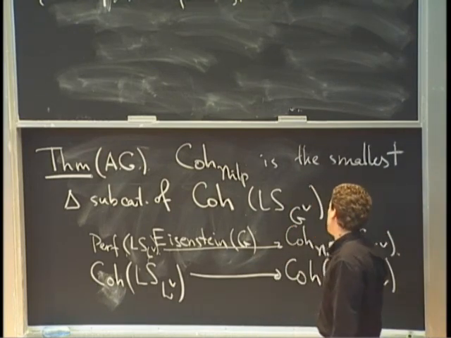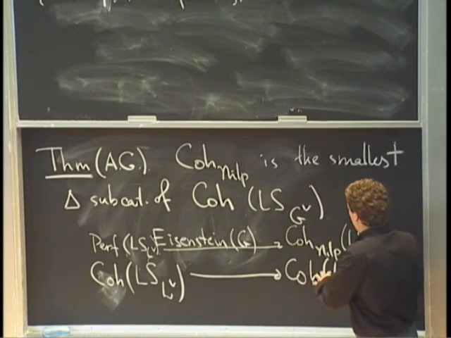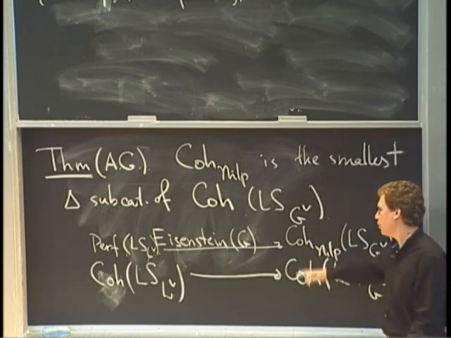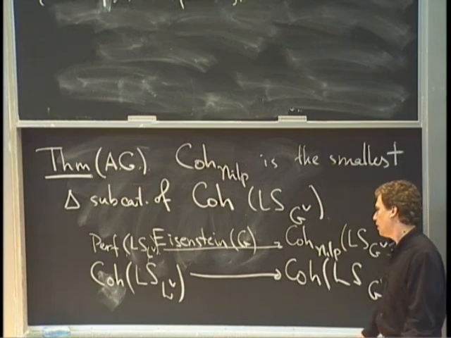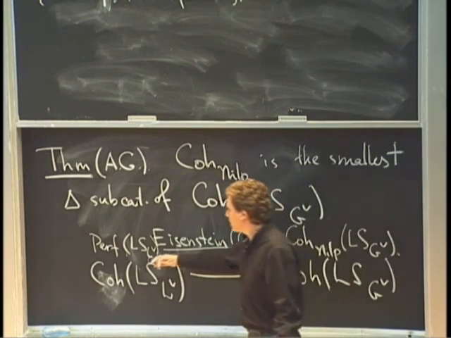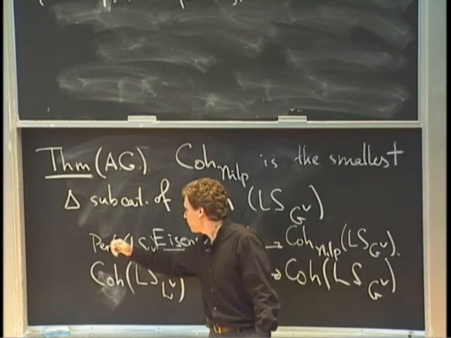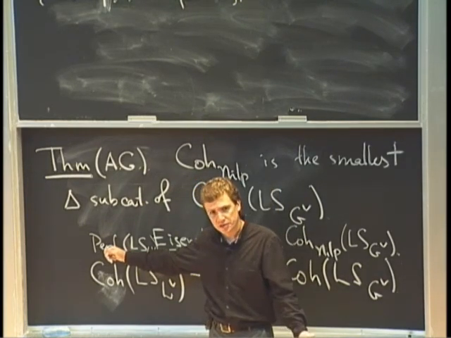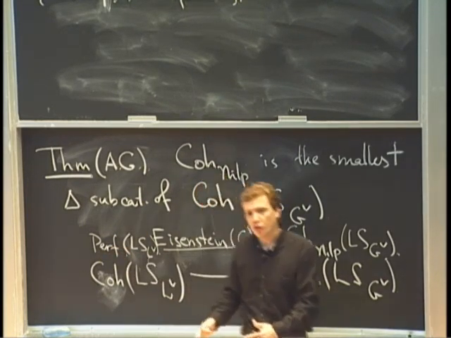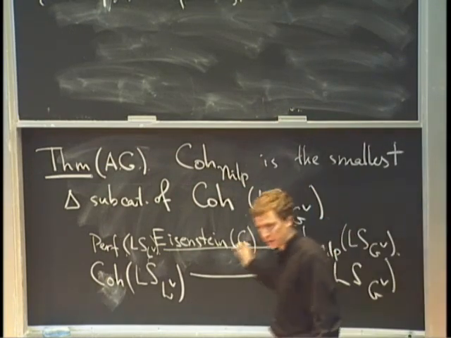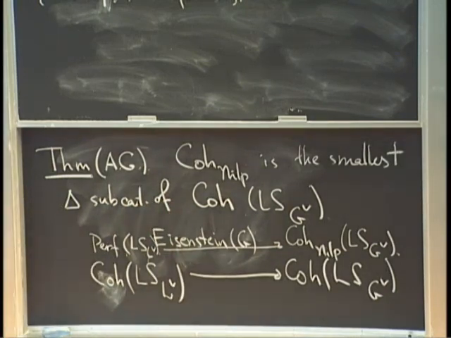So in other words, you're trying to say, what do I need to put on this side? And you say, well, I definitely want perfect objects there. But I also want objects that came by this parabolic induction, by the Eisenstein series construction, from perfect objects for all Levis. And so if I put all those, this is their span. This is the smallest category that contains all those.